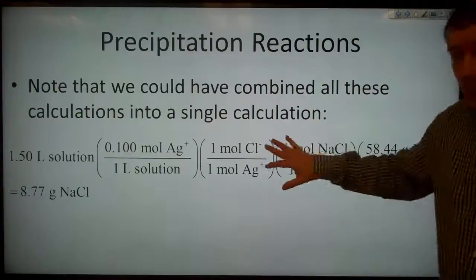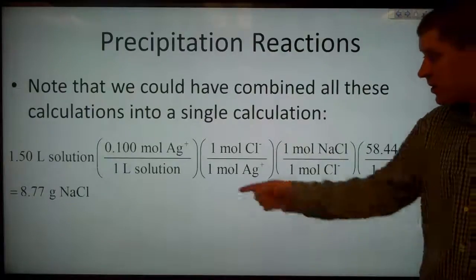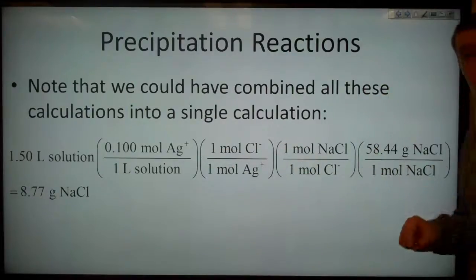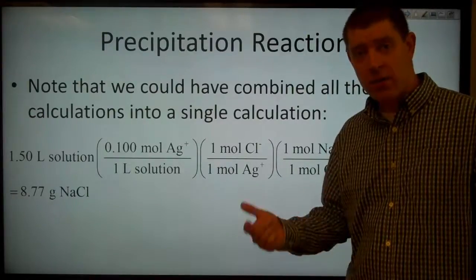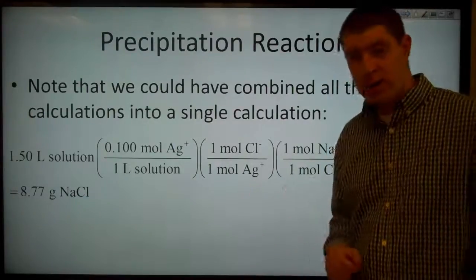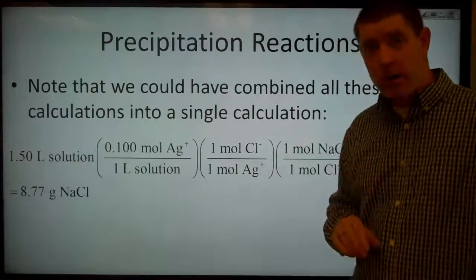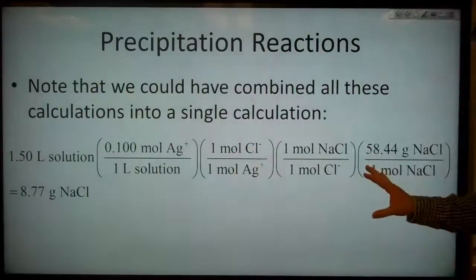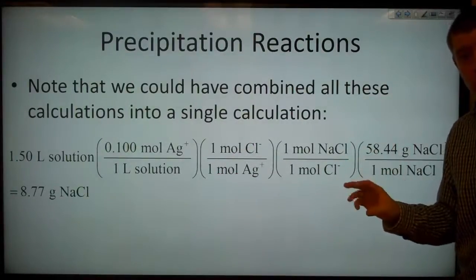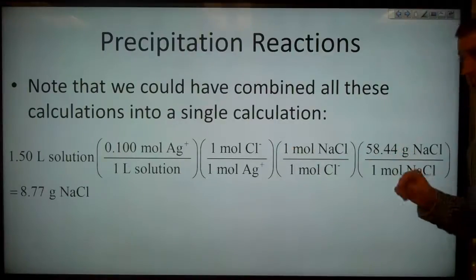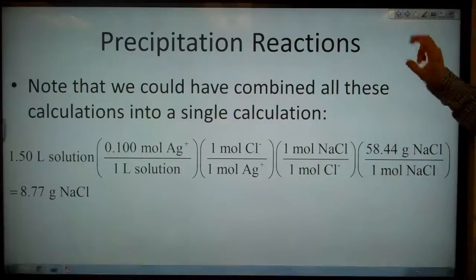And if we have some other numbers in here, it may introduce additional rounding errors, because if you round after every single calculation, you're likely to introduce some significant rounding errors by the end of the calculation. Now you're still likely to be fairly close, but it's still better to try to do the calculation in as few calculation steps as possible. So if you plug it all into the calculator at once, you're more likely to get the right answer.